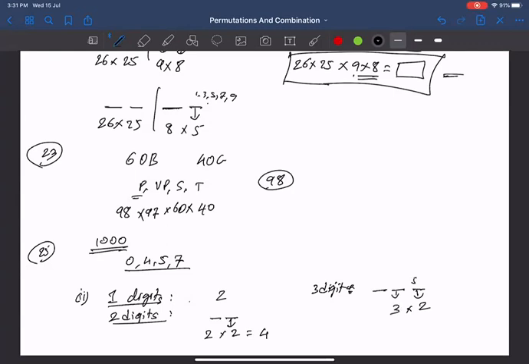I cannot use 5 or 7, but I can use 0, 4, and one of the 5 or 7. I cannot use the number which I've used here, and 0, and I cannot use 0 here. So, okay, that will be a problem.